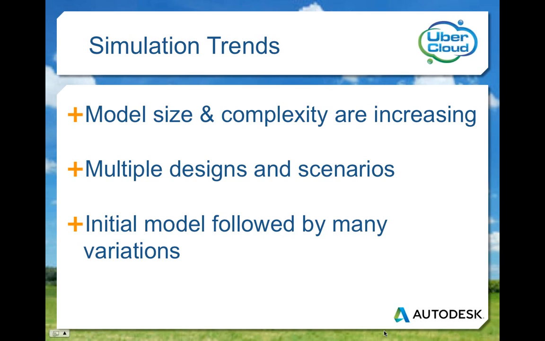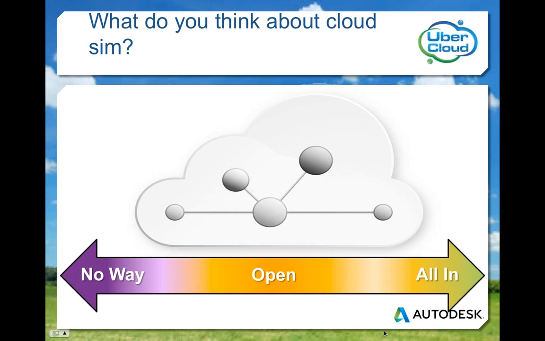And then third, because nowadays most tools allow you to quickly set up multiple runs, after customers set up that initial model, the main bottleneck that they face is really solving and having the resources and licenses available to do that solving.